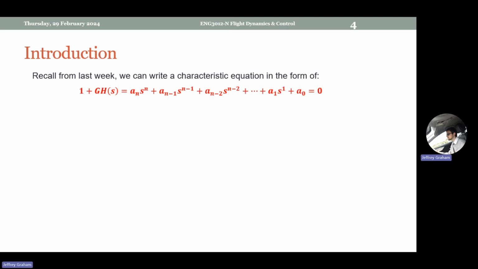Typical characteristic equation for a closed loop is GH plus 1, and it'll be a series of S terms in the time domain. Typically for aircraft, it will be like that. So we've got S power 4, 3, 2, 1, and a constant.